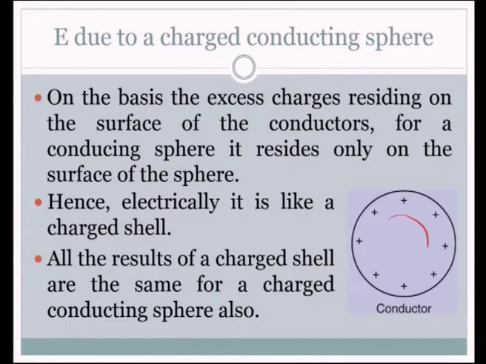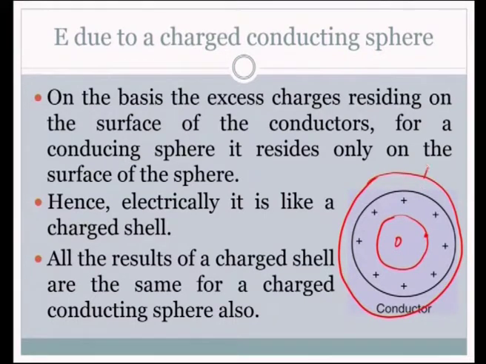Inside, if you consider a Gaussian surface at the point where we want to find the electric field, it does not enclose any charge. The charge is 0, so the electric field is 0 inside. Similarly, for a point outside, we concentrically consider another Gaussian surface. Here the electric field will exist. So, the results of the shell are the same for the case of the charged sphere.